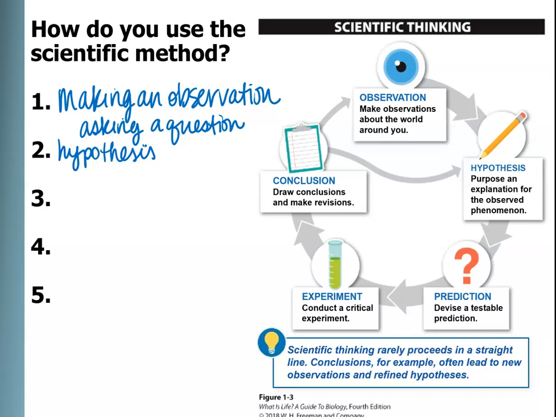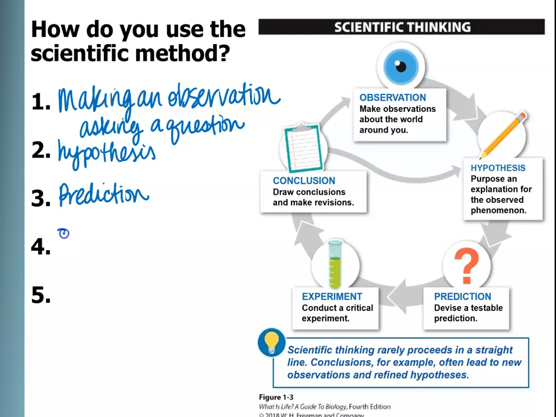We are going to propose a plausible explanation, not a guess, as to what is causing our problem or affecting our observation. We're going to make a prediction. So a prediction is basically thinking about what data you would need to support your hypothesis.